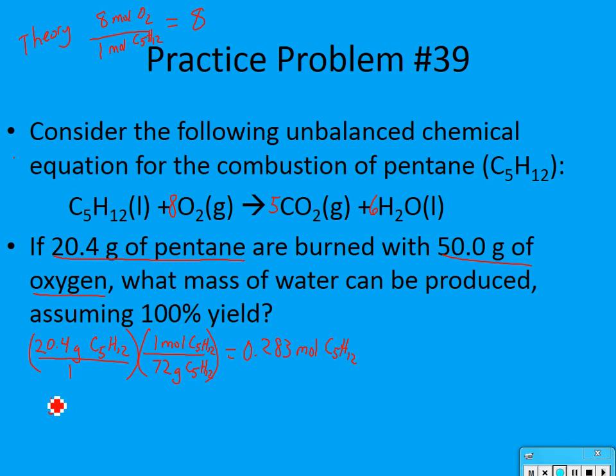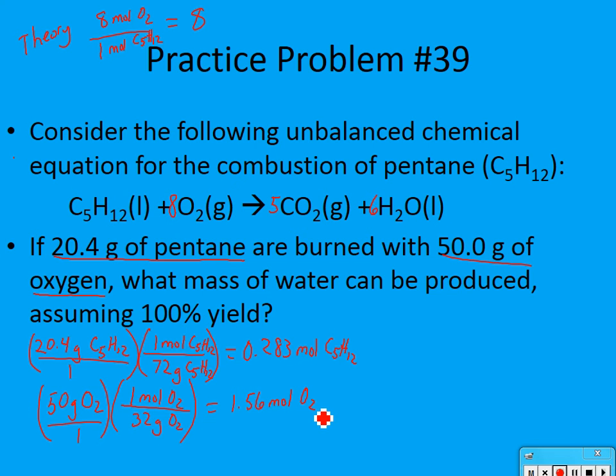Okay. So let's figure out how many moles of oxygen we actually have. We started with 50 grams of O2. I'm going to put that over 1. In 1 mole of O2, what's its molar mass? 16 for 1 oxygen, but I got 2 of them. 32 grams. Okay. So 50 divided by 32. 1.56 moles of O2.